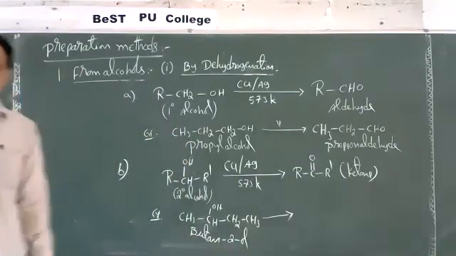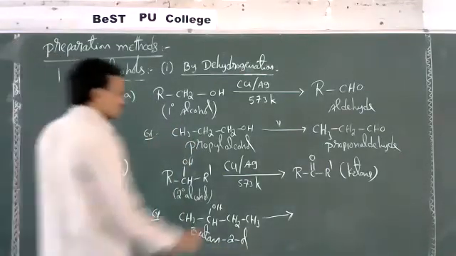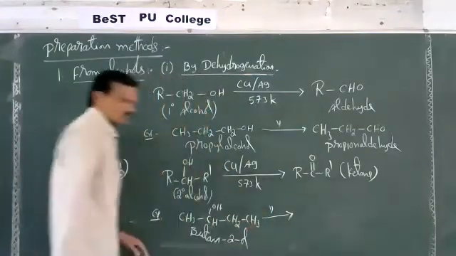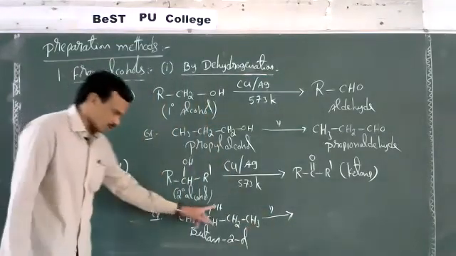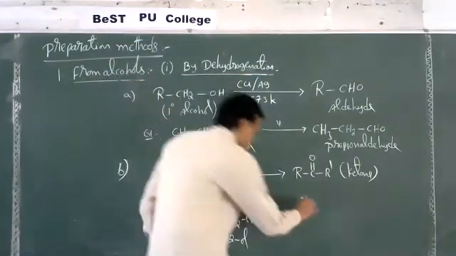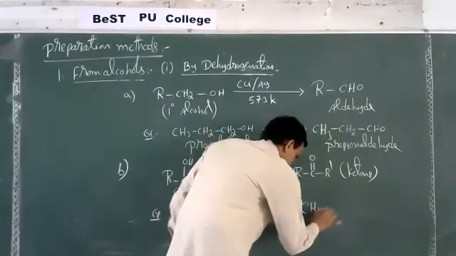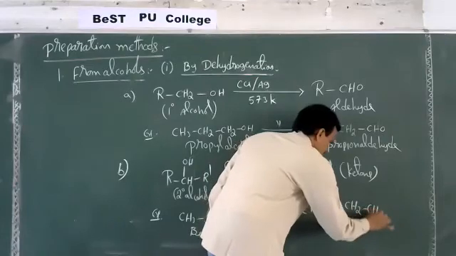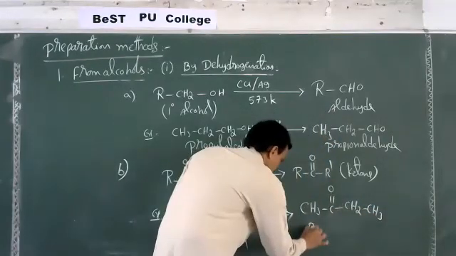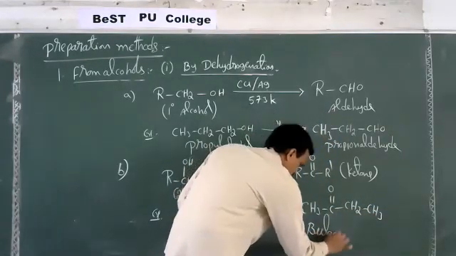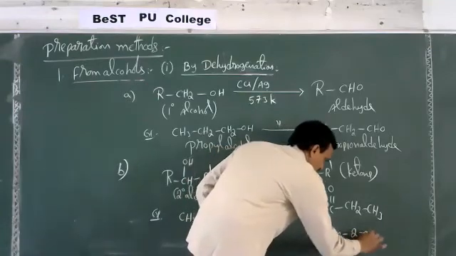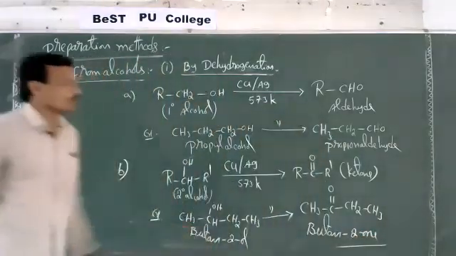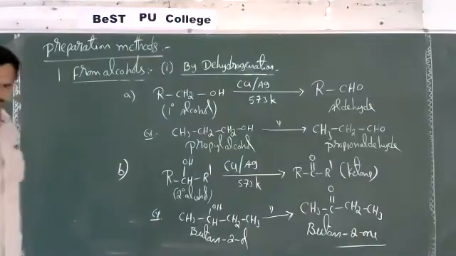This is a secondary alcohol, butan-2-ol. And this butan-2-ol on dehydrogenation, just remove this hydrogen, then the product formed is CH3, CO, CH2, CH3. Nothing but this is butan-2-one, or simply 2-butanone, either you can write.